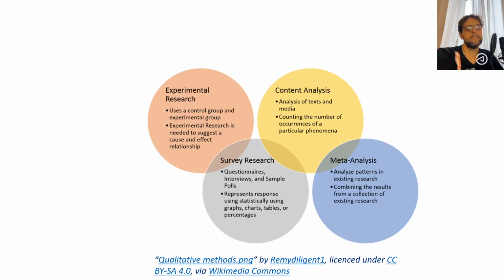And graphically it could be presented as different sources of data and how they are connected with each other. First of all, we have our experimental data, where we are able to get data from a control group and experimental group and compare them.